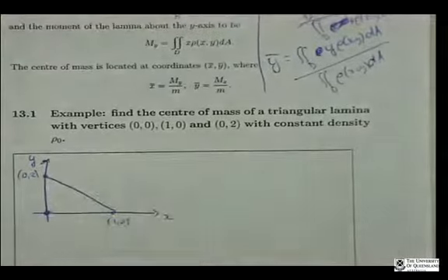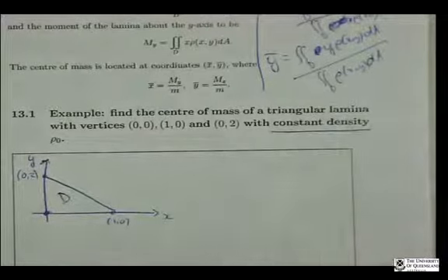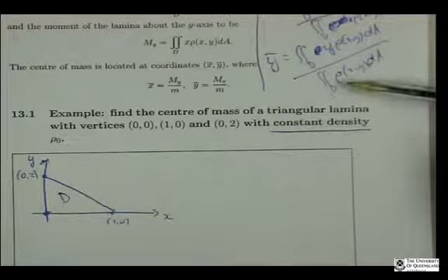All right, so here's the region that we're interested in, and we're told it has constant density. So in this case, it's going to work out to be reasonably straightforward because we've got constant density.